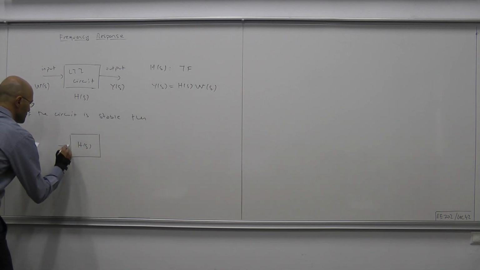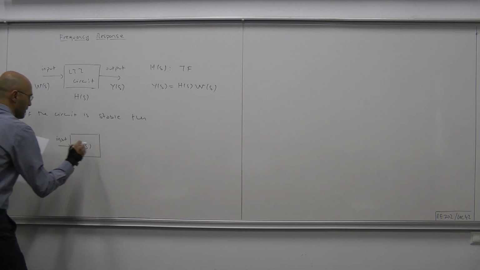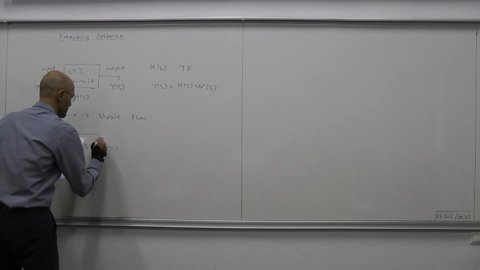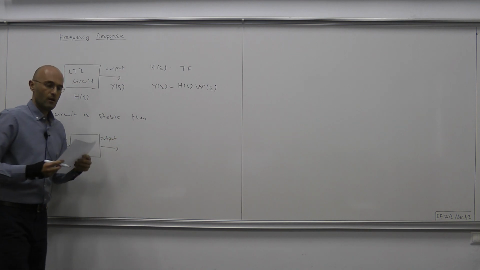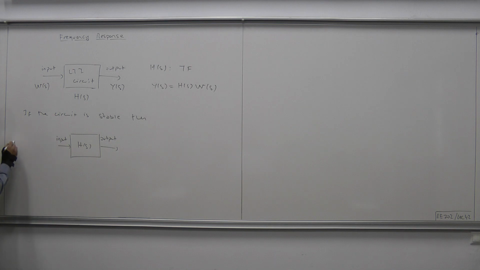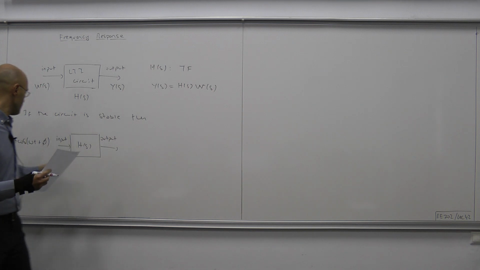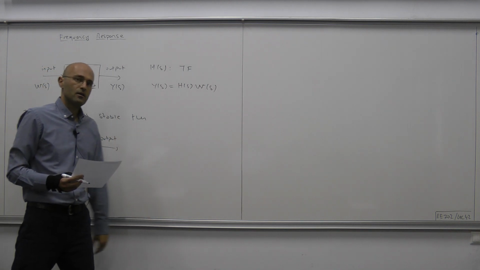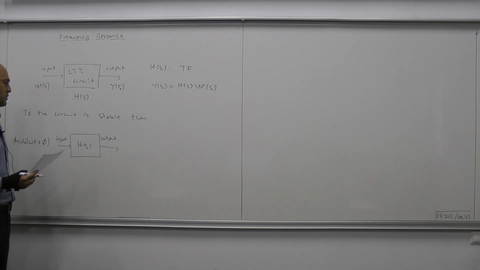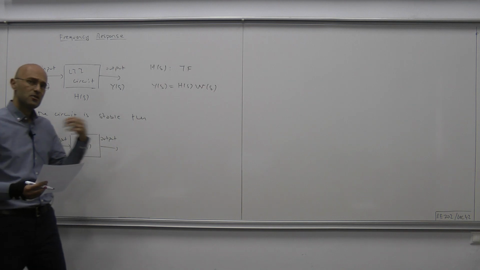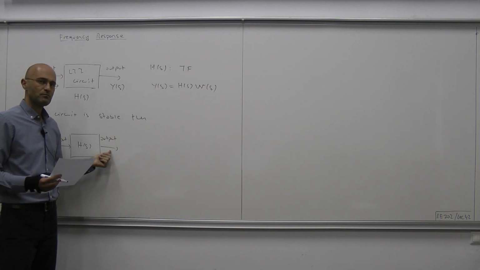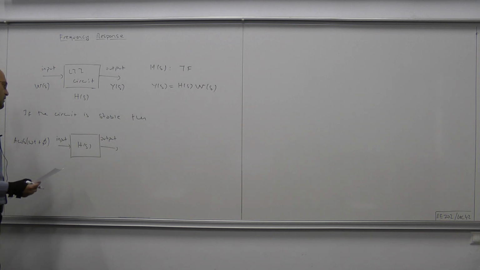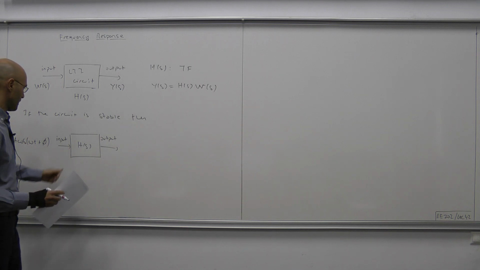Suppose that this is the input and this is the output. If the input is the following sinusoidal function with amplitude A, frequency of oscillations omega radians per second, and some phase which we denote by phi, then in steady state at the output we find the following signal.